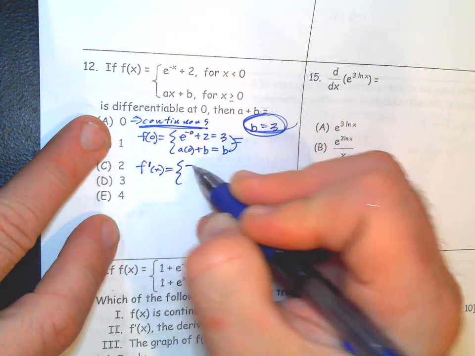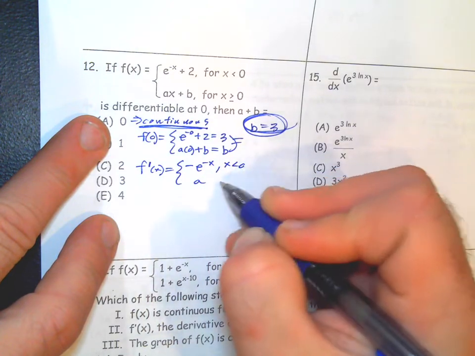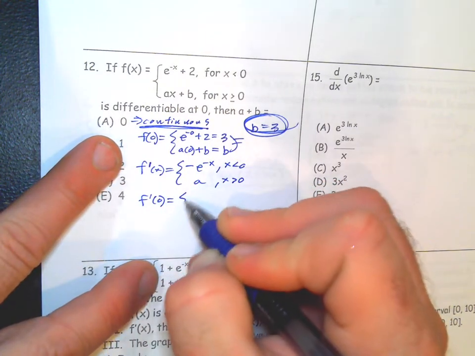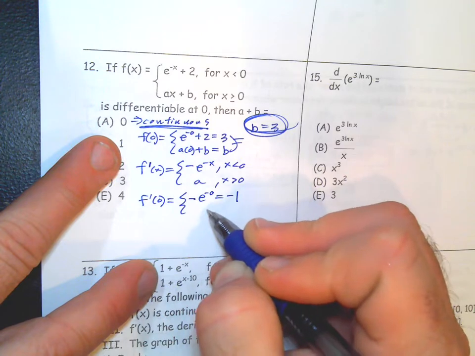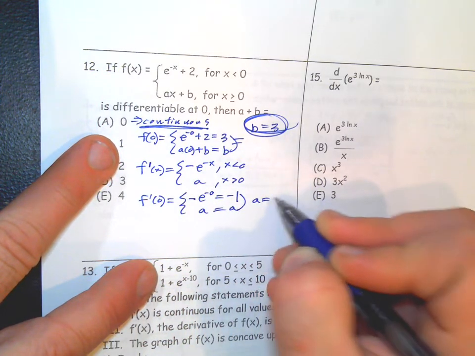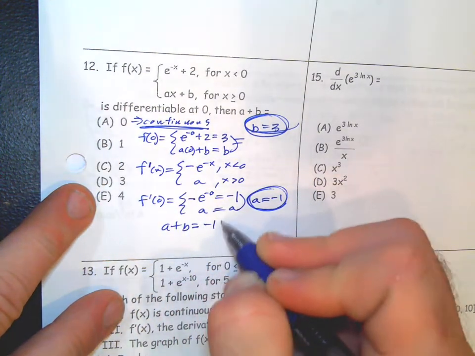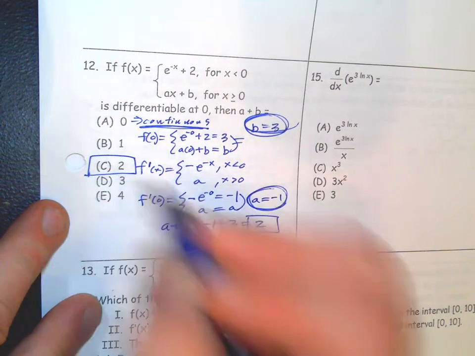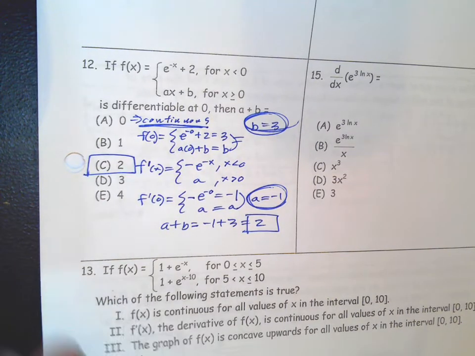So it's going to be negative e to the negative x, and then a. Then we plug 0 into that. That's going to be negative 1. a is just going to be a, so a is going to equal negative 1. So a plus b is going to equal negative 1 plus 3, which equals 2. There you go. Quick way.